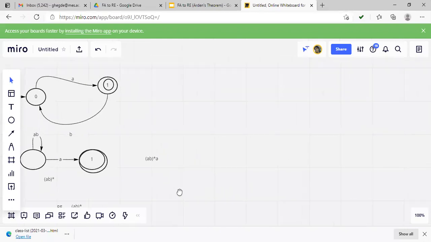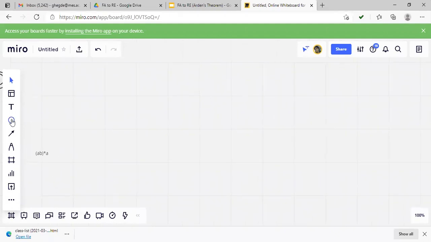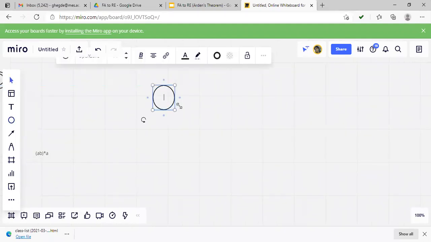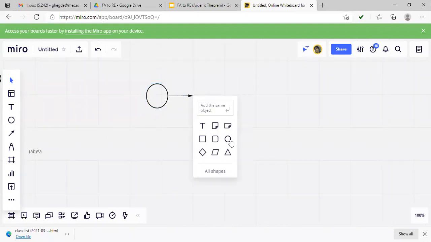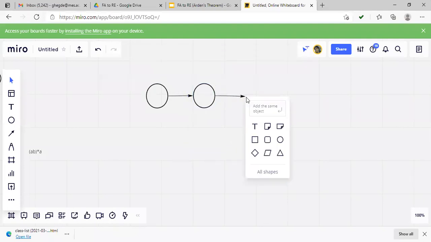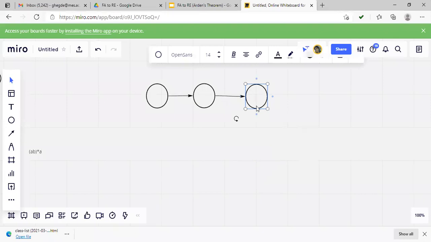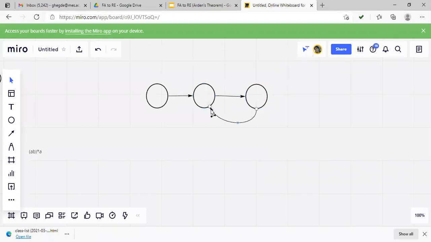Okay, now we'll move on to the next example. This is A. This is also A. This is B. I have a loop here.